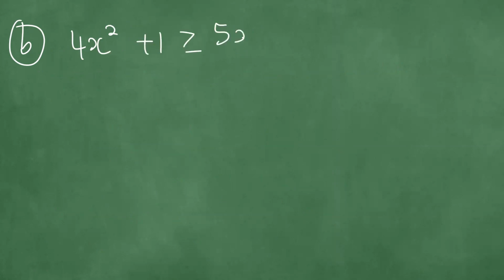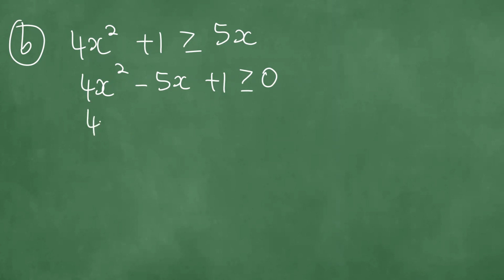Let's focus on part B. What is part B? In part B, we have 4x squared plus 1 is greater or equal to 5x, which means 4x squared minus 5x plus 1 is greater or equal to 0. So what are the factors of this? 4x squared by 1 is 4x squared.